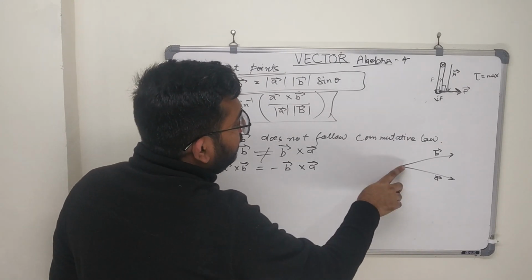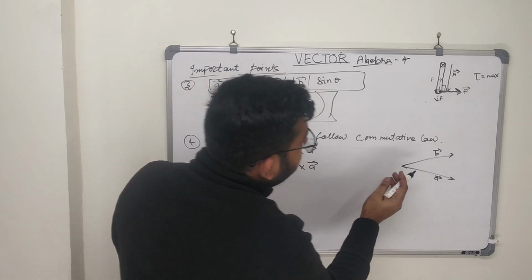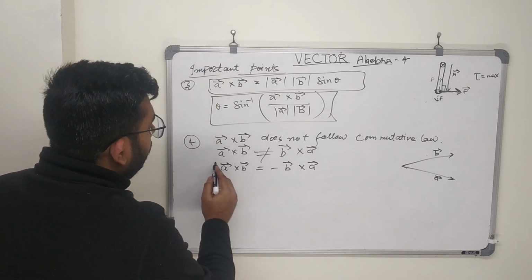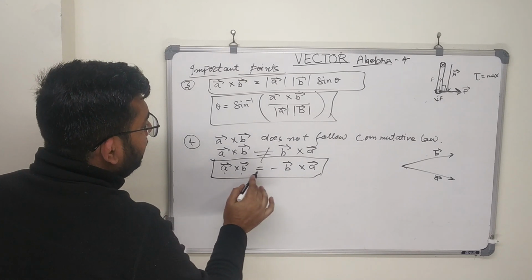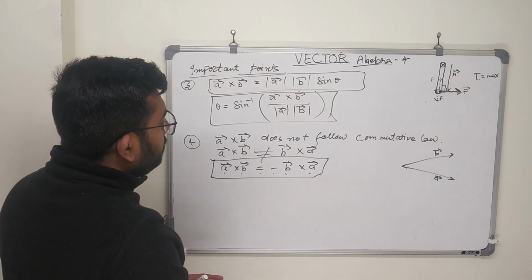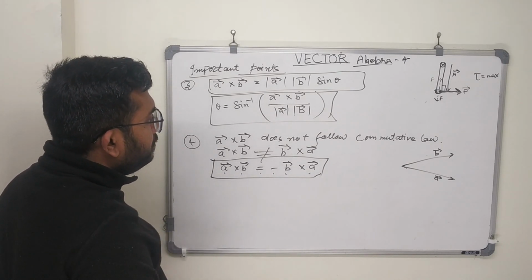So we can say that the direction of A vector cross B vector is just opposite the direction of B vector cross A vector. So you can write this as A vector cross B vector is equal to minus of B vector cross A vector, and the magnitude of both these vectors is the same.